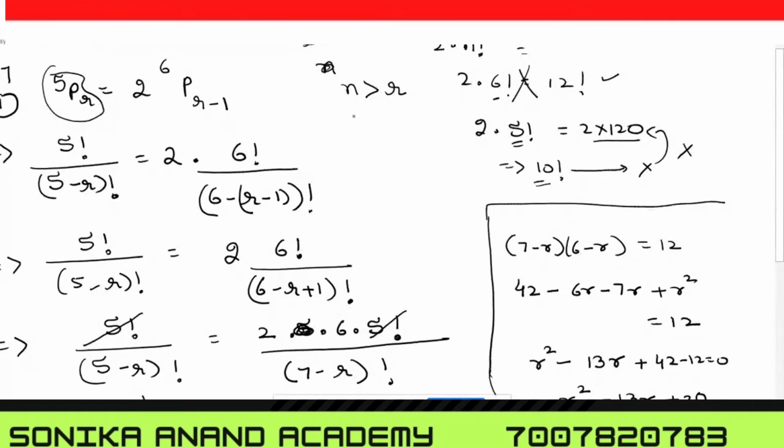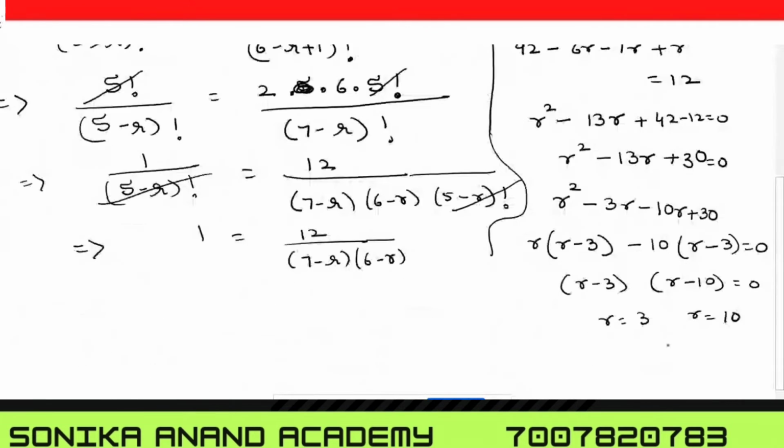Clear? So r cannot be 10 because it is 5 or 6. So the value of r must be taken as 3. Clear? Now please go for the second one and send me.